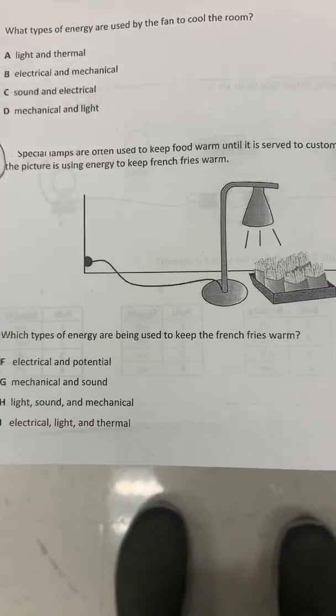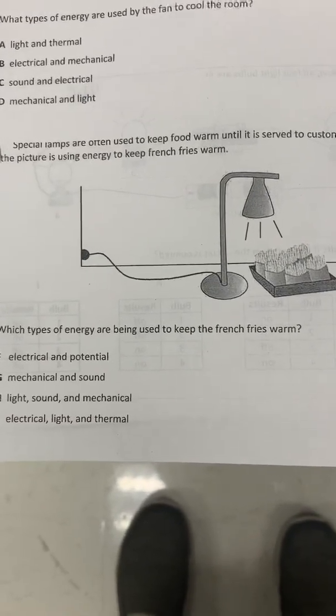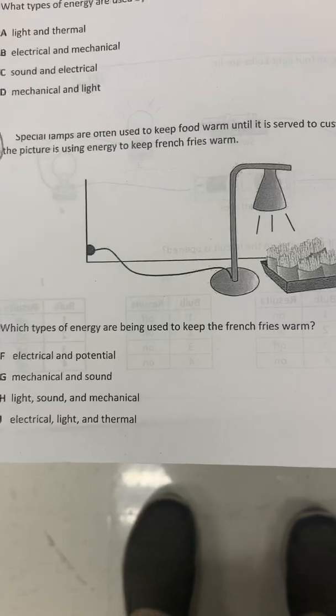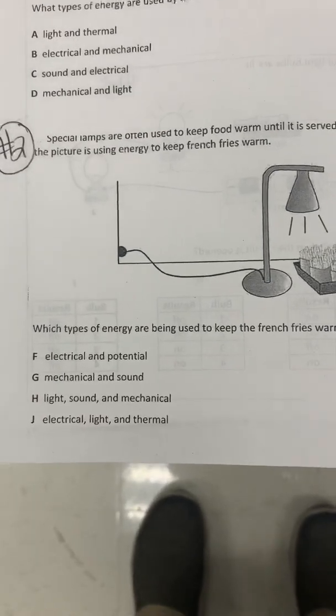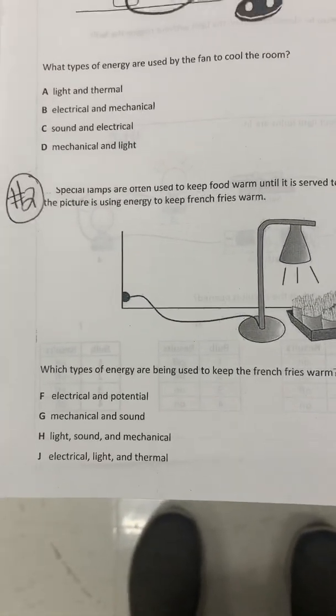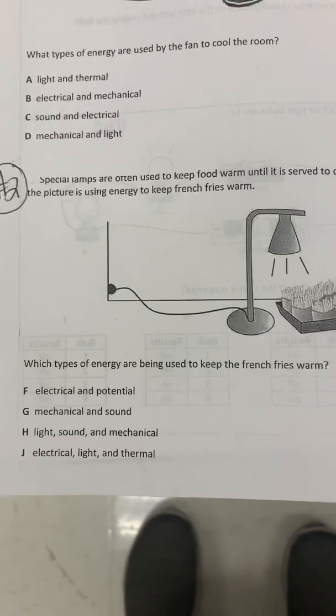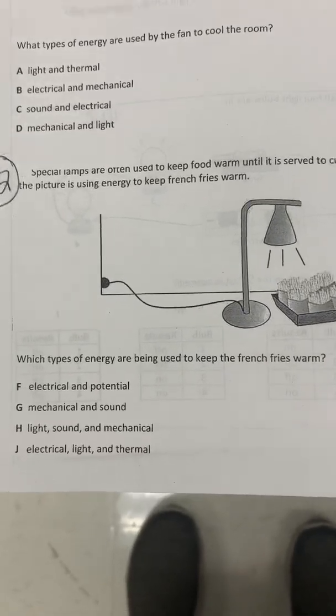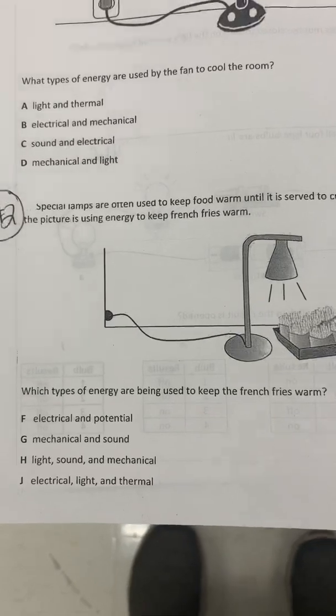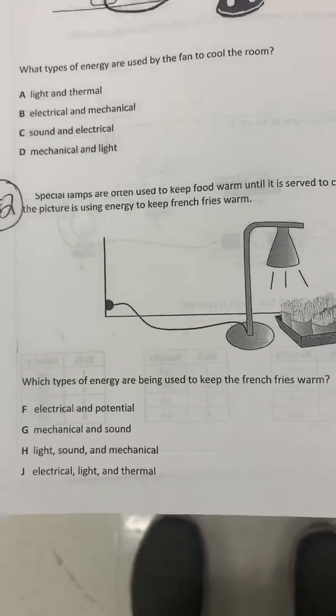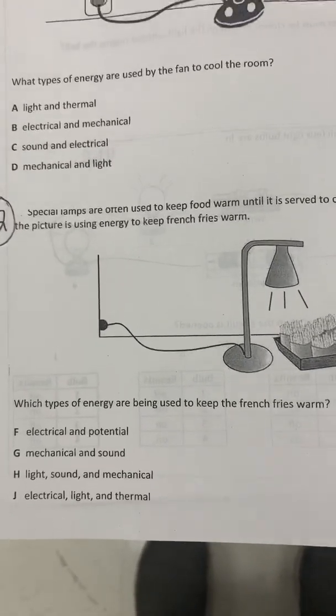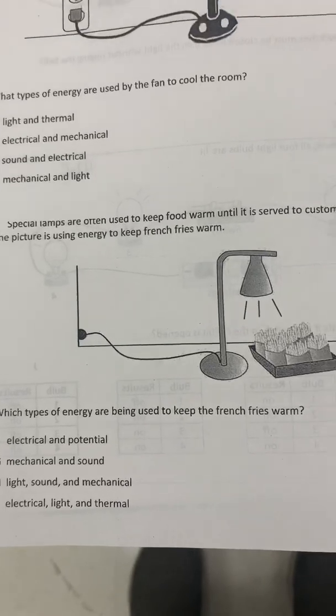Which type of energy are being used to keep the French fries warm? Is it F, electrical and potential, G, mechanical and sound, H, light, sound, and mechanical, or J, electrical, light, and thermal?